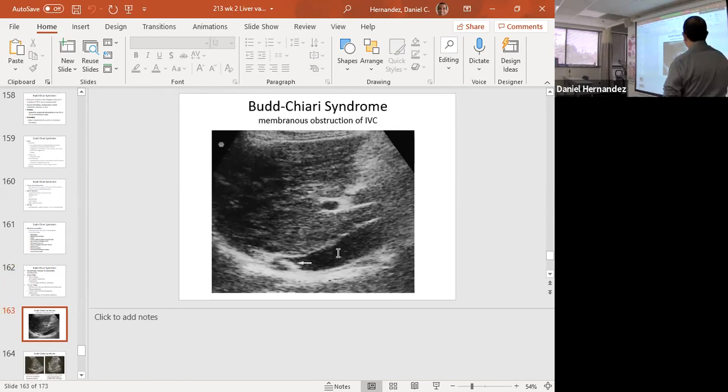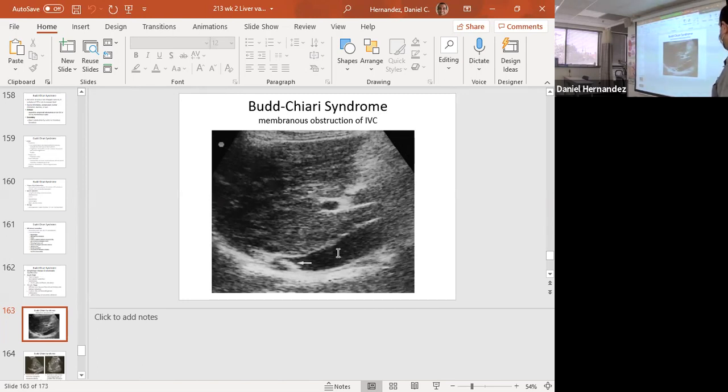So this is Budd-Chiari syndrome, and this would be a primary example of primary Budd-Chiari syndrome, because this patient has a membrane obstruction of the IVC. Down here, pointing to this little echogenic flap that's blocking the IVC.